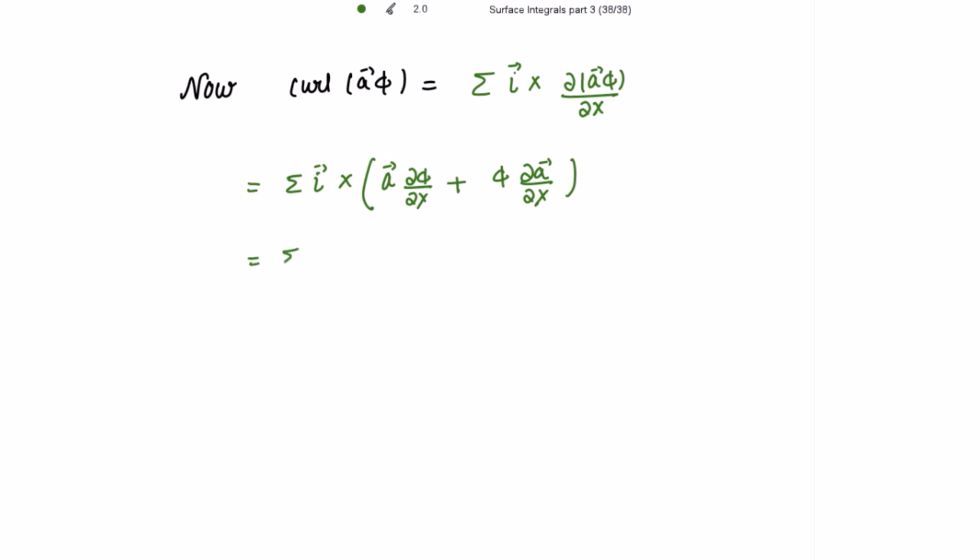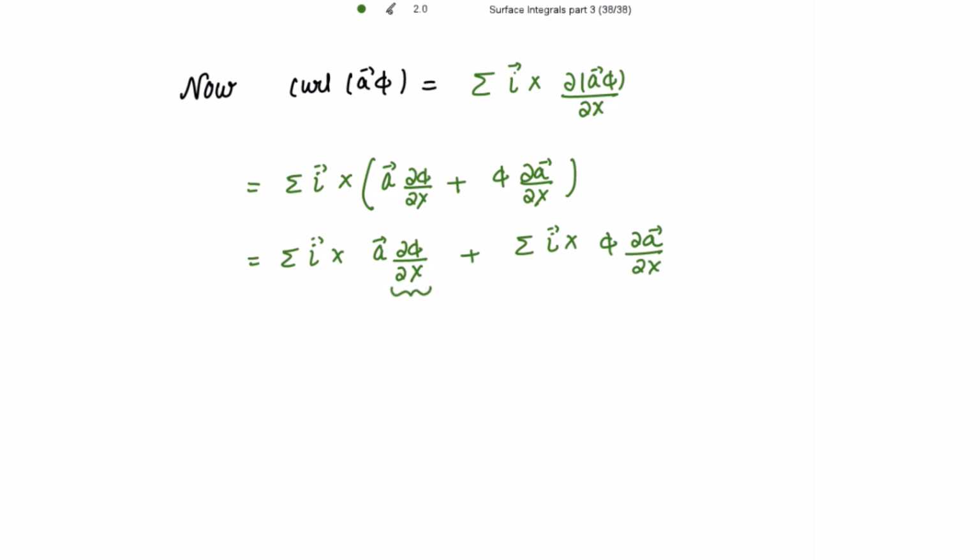So this is equal to summation i vector cross product with A vector partial derivative of phi with respect to x, plus summation i vector cross product with phi partial derivative of A vector with respect to x.